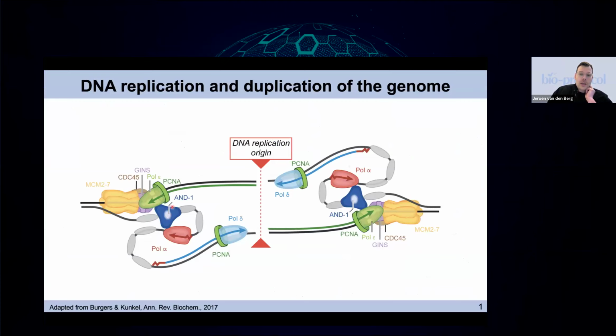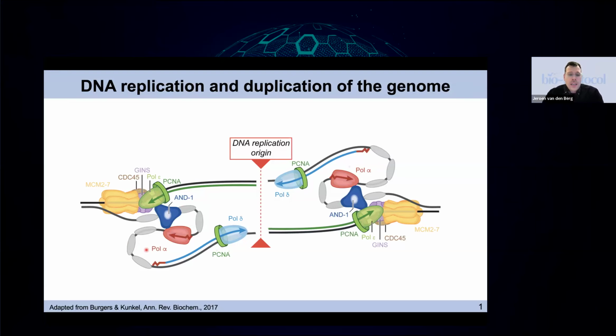So DNA replication is a complex process which is required to copy the entire genome of the cell. You see the machinery responsible for this DNA replication process here, which I'll refer to as a replication fork or a replisome interchangeably.